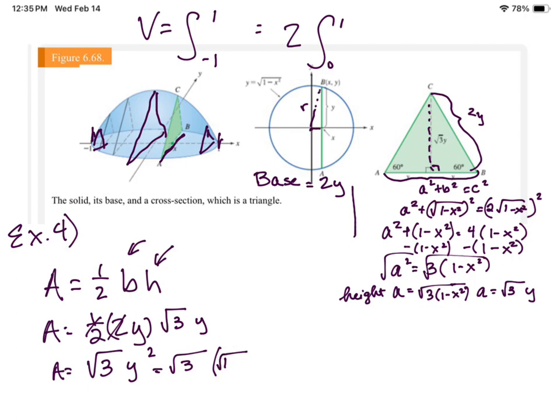The square root of 1 minus x squared, squared. When I square the square root, it's gone. So our area here is square root 3 times (1 minus x squared). This is my area function.